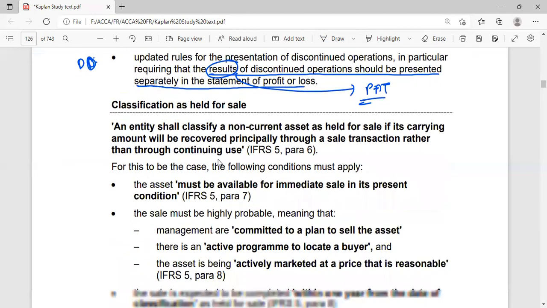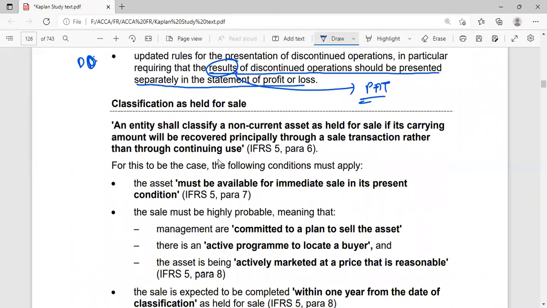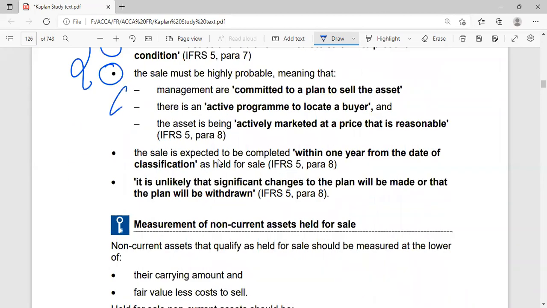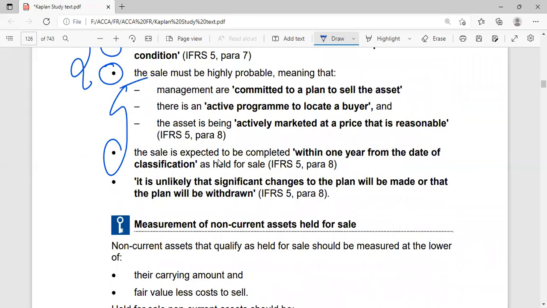Next, classification. How can we classify the asset as a non-current asset held for sale? It has to satisfy two conditions. It must be available for immediate sale in its present condition. Sale is highly probable, and for that it has to satisfy these five. Unlikely the significant changes will be made and the plan will be withdrawn.